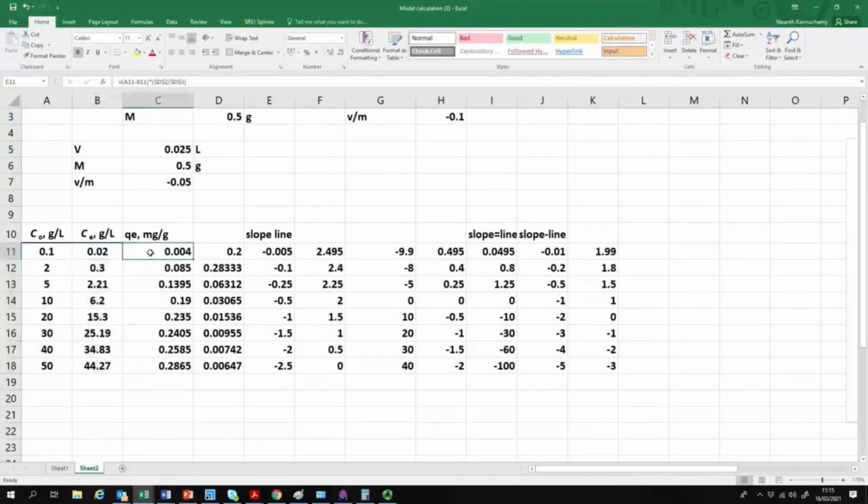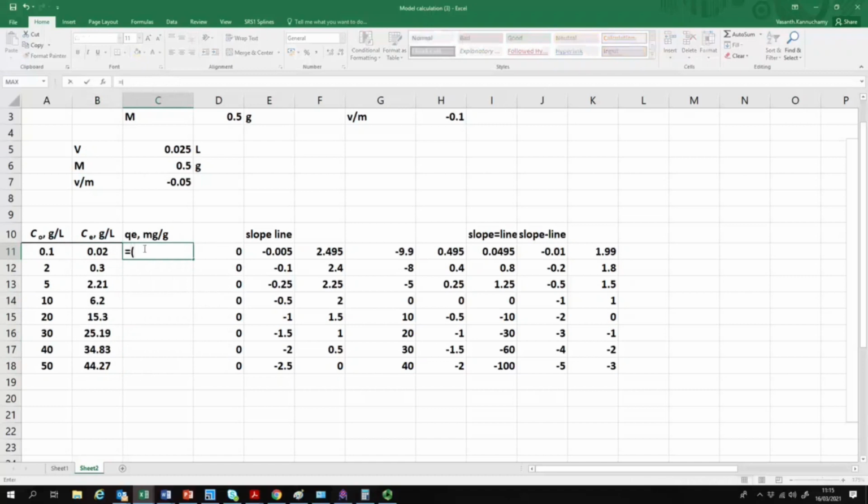So that's what I did. So I can delete it. QE is equal to C0 minus CE multiplied by volume, which is here 0.025. You have to put this dollar symbol, so once you drag and drop, everywhere it will be equal to the same volume.